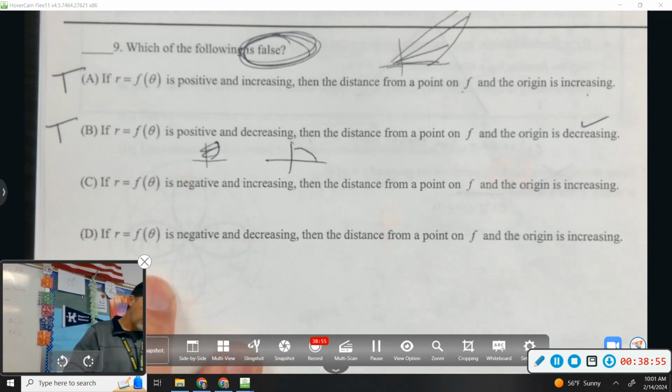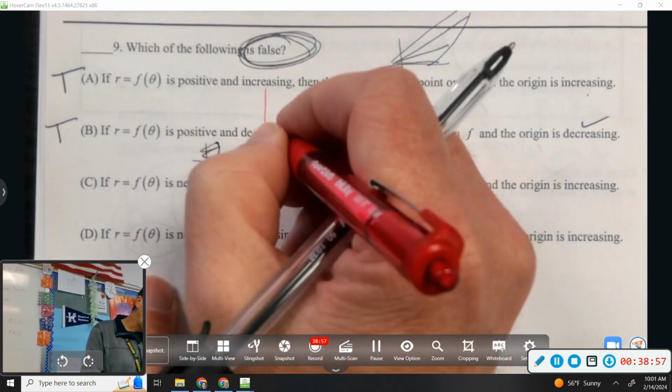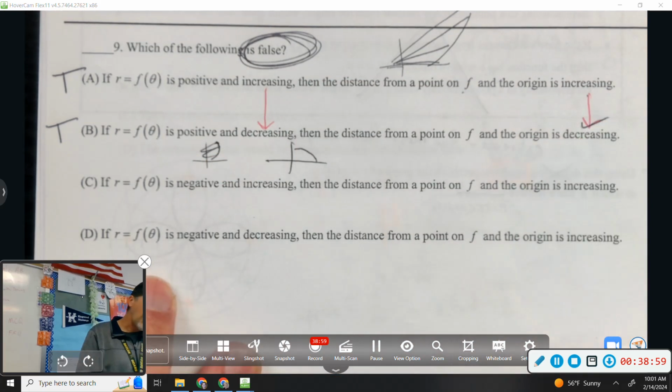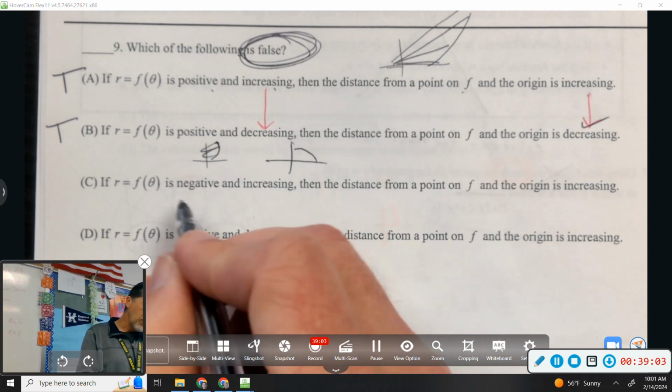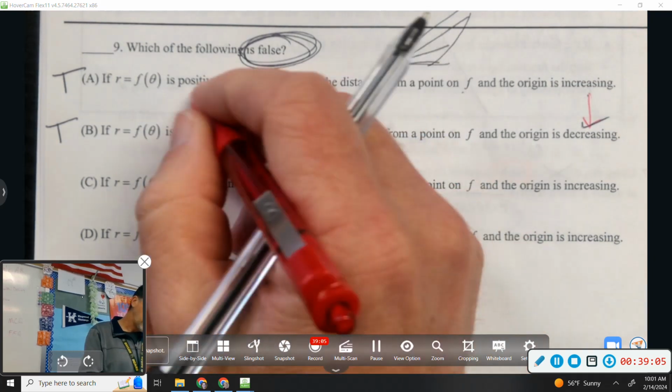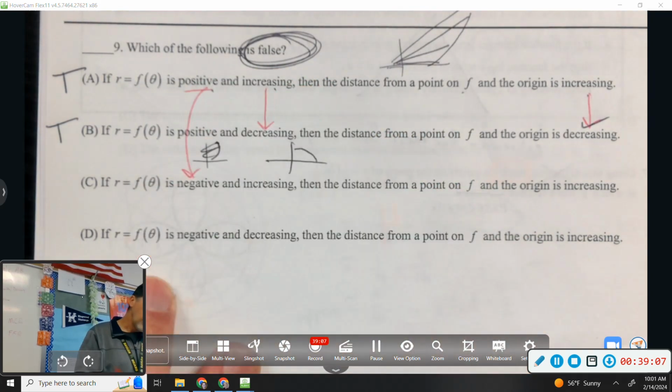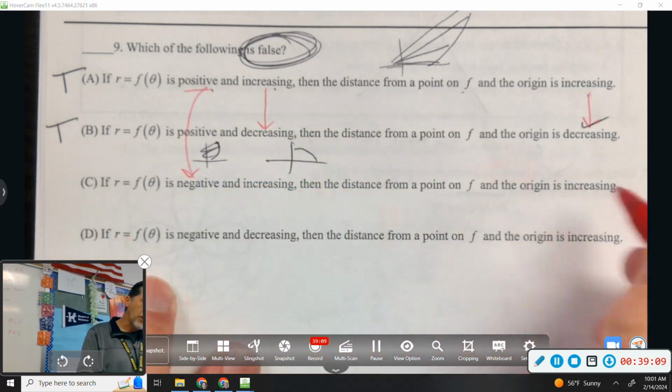Again, we changed one thing, so we should probably change that. That's another way to think of this. Positive increasing or negative increasing. Well, if we change one of these, this is probably supposed to be decreasing.